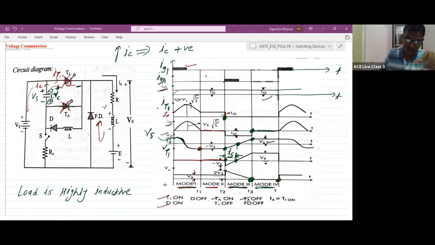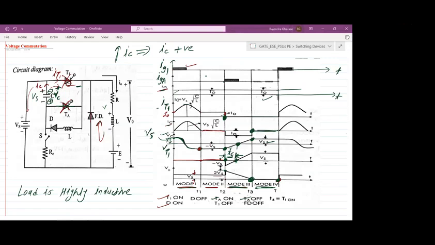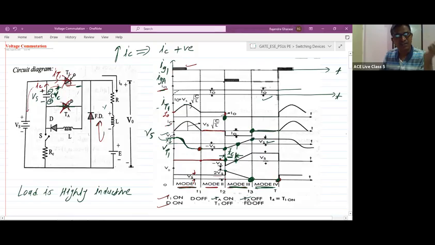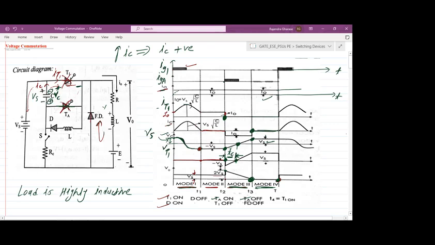But here, to turn off the thyristor, the very first requirement is that the current flowing through the thyristor should be less than the holding current value, right? But how does the current through thyristor T1 become less than the holding current? This is due to the reverse voltage. That's why it is a voltage commutation, right?